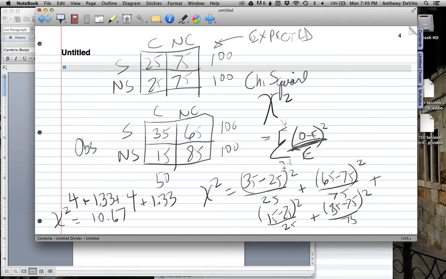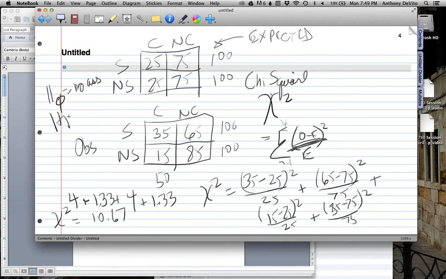So now I need to understand what's the likelihood of getting that big a difference if there is an association or if there is not an association. So our null hypothesis, H null, is that there's no association, right?